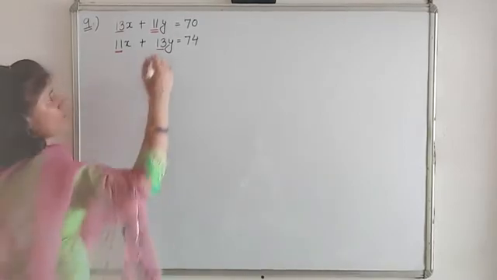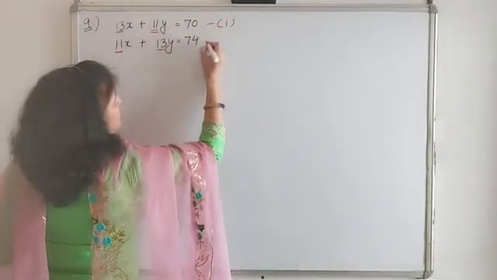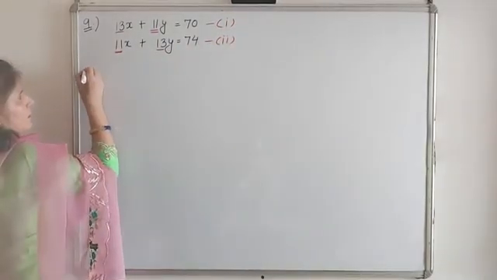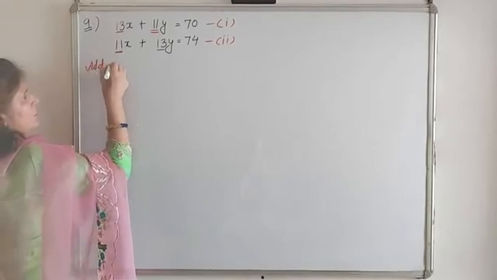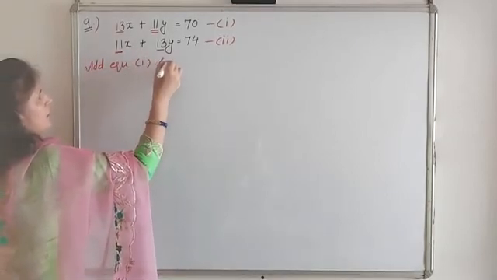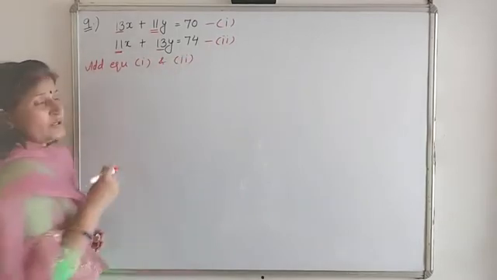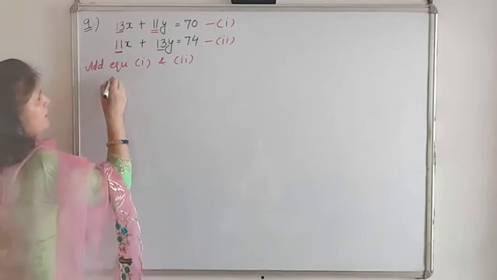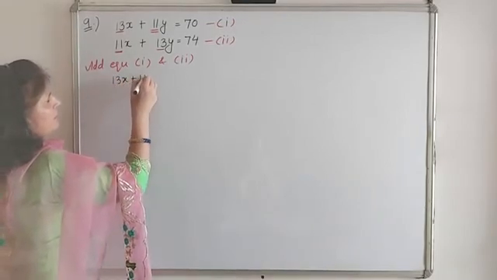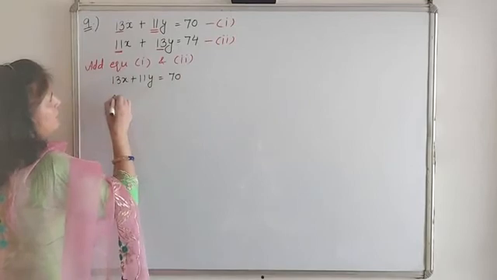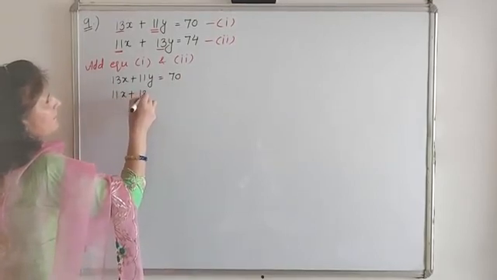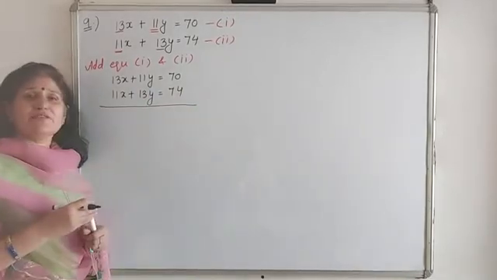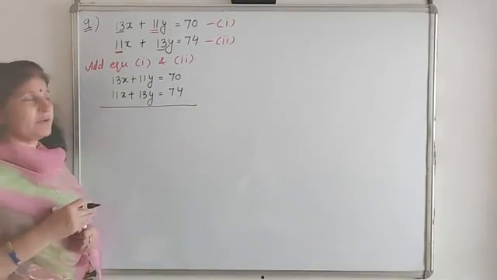Let us see how. This is equation first, this is second. Add equation first and second. When you add, what you will get here? You can write it again here to add. We are adding. At the time of adding we don't change the sign. Okay.